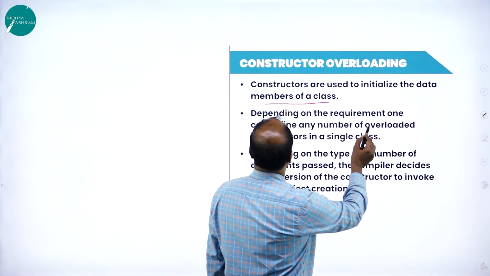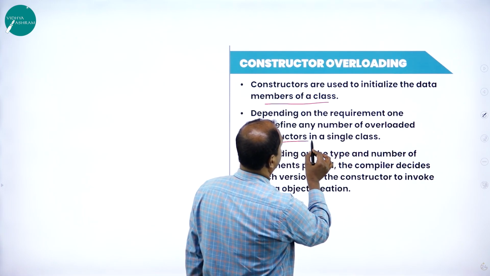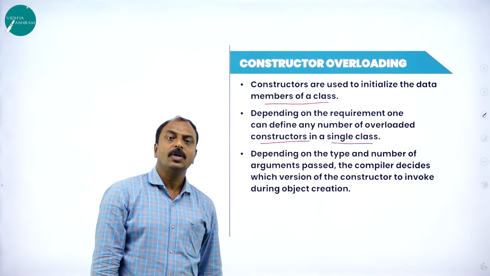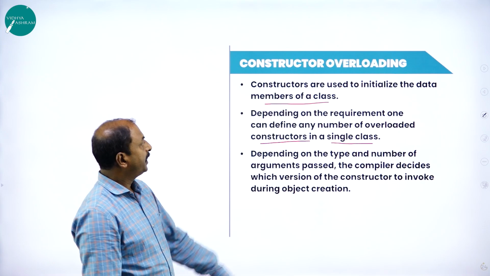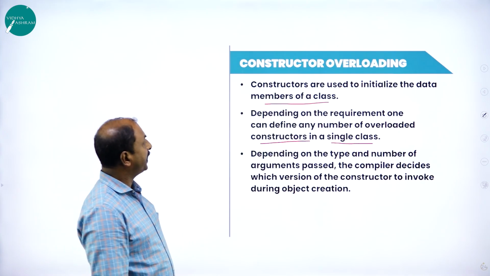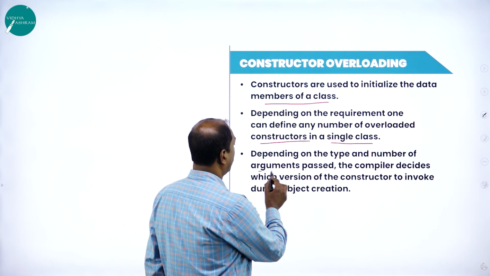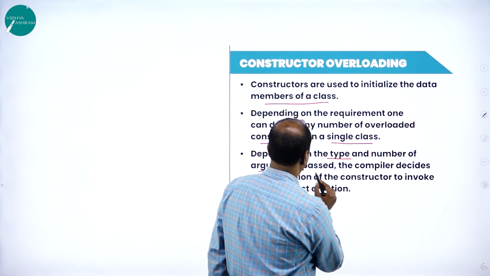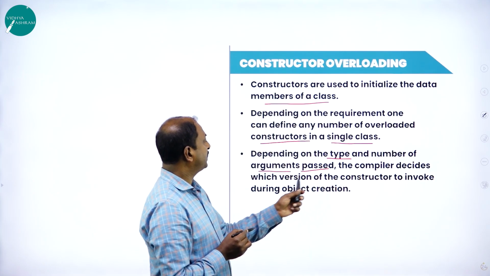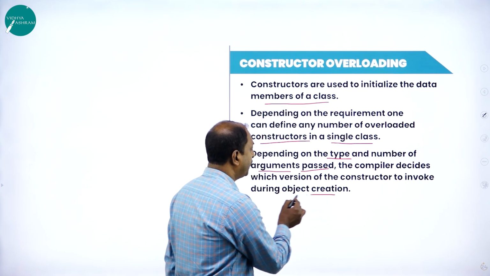Depending on the requirement, one can define any number of overloaded constructors in a single class. So it is also possible to use more than one constructor depending on the problem. Depending on the type and number of arguments passed, the compiler decides which version of the constructor to invoke during object creation.